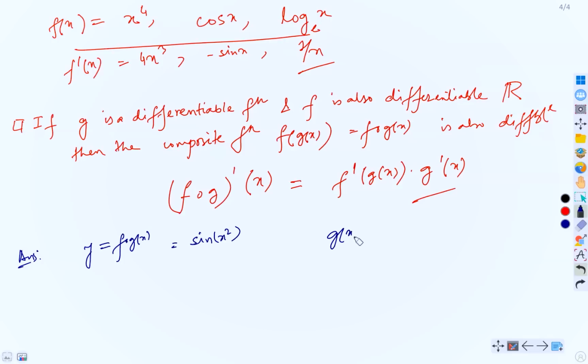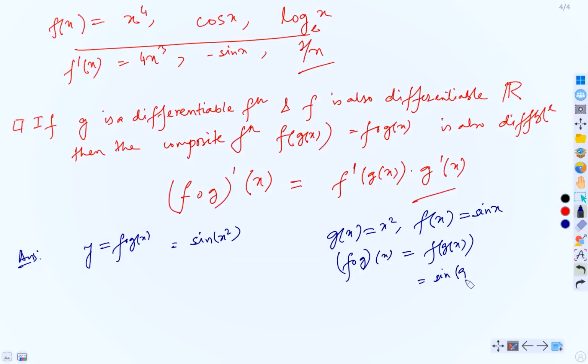Because our g(x) is x square and our f(x) is sine x, right? So you see that f composite g(x) is f of g(x), sine of g(x), right?